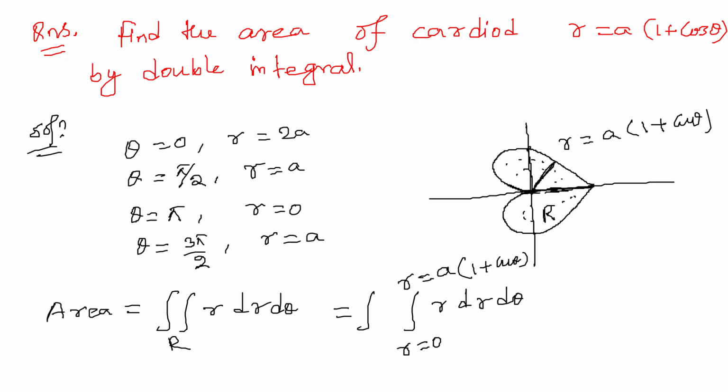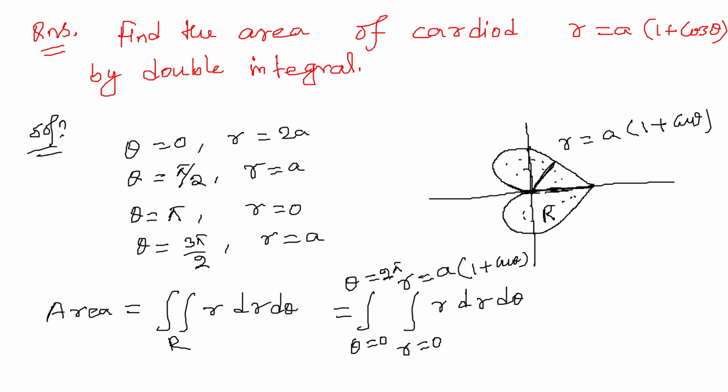But for this curve, the distance is different, so in general you write r equal to a(1 plus cos theta). Next, what is the theta limit? As shown in the graph, theta is 0 to 2 pi.